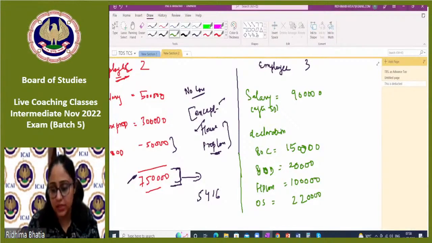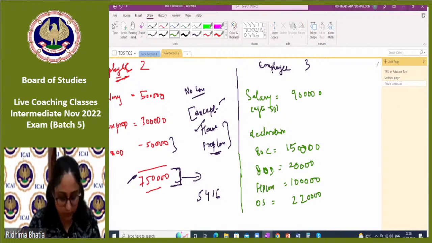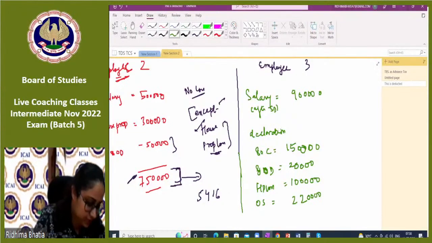The first one to give this answer correct will deserve a shout out. What is the monthly TDS that has to be deducted by the employer?